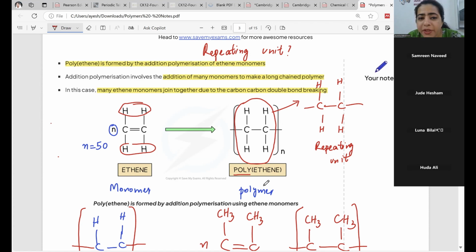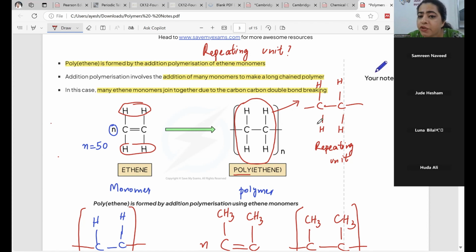Okay, this is clear to everyone. Any question till here? No questions? Miss, can you explain the difference between polymers and repeating units again, please? Yes. The repeating unit is the unit which is coming again and again. So we'll say this part which is inside the bracket is coming again and again in the polymer structure.